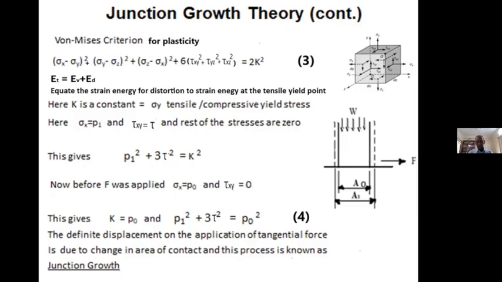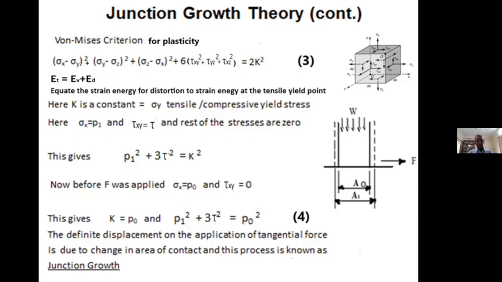So before sliding occurs, there is a small displacement, and this displacement is in the form of increase in area at the contact. That's why it is called junction growth. There are more details of this, but we are looking at it in a very simplistic manner. And following Bowden and Tabor, we will be going into a little more depth of this.